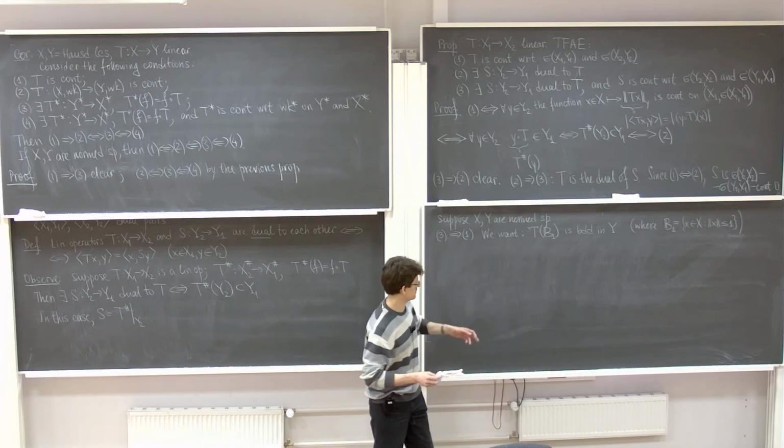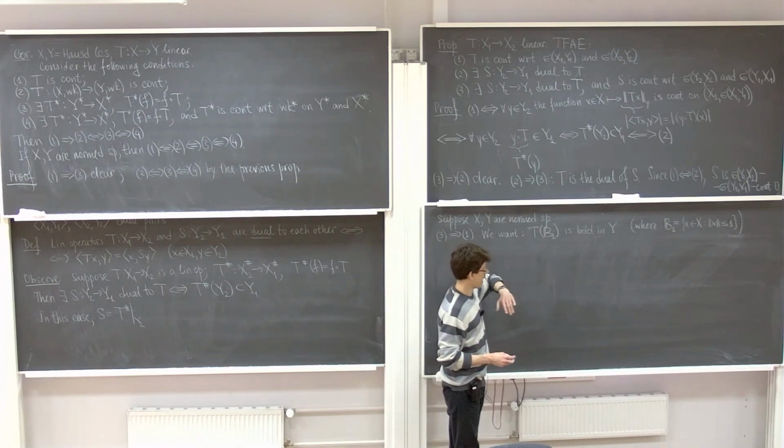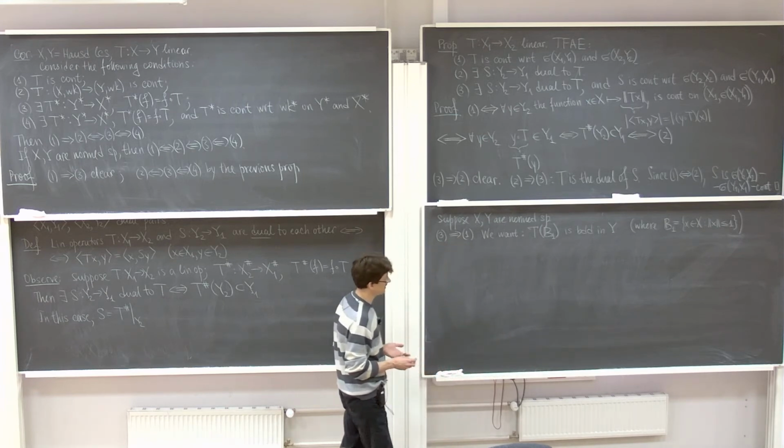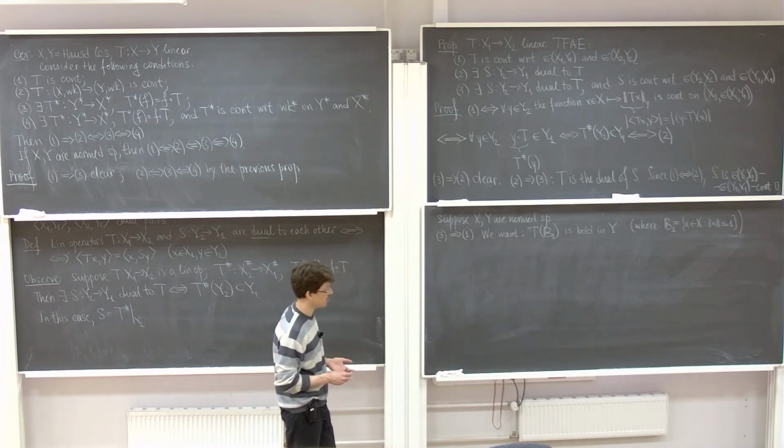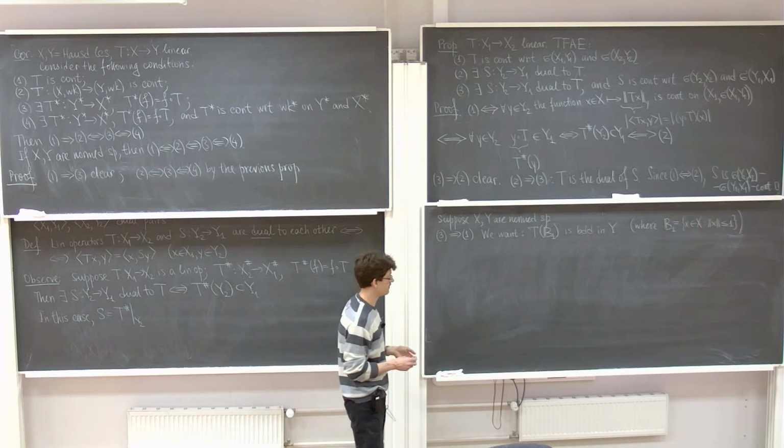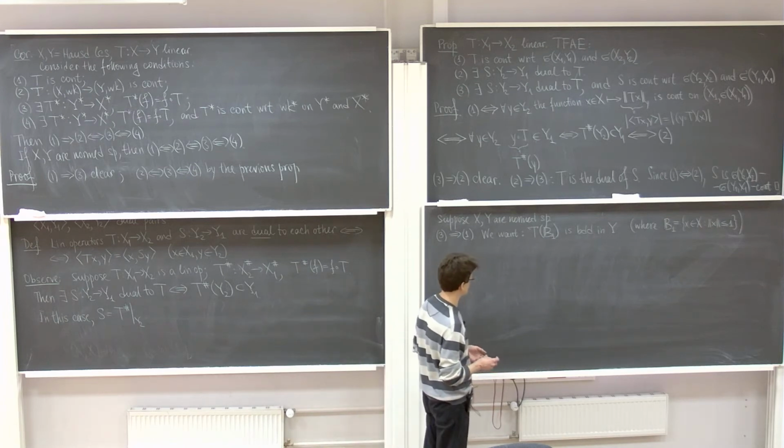So this is a subset of Y, and we know that a subset of a normed space is bounded if and only if all continuous linear functionals map this set to a bounded set of the base field.